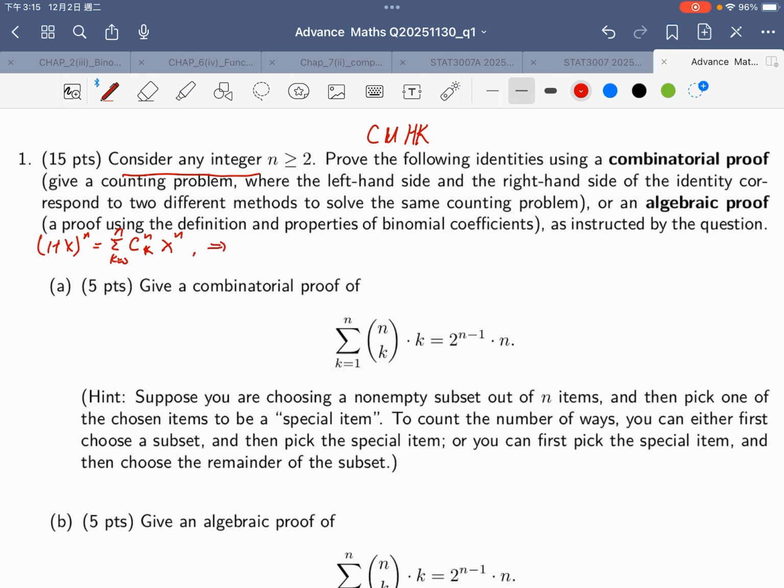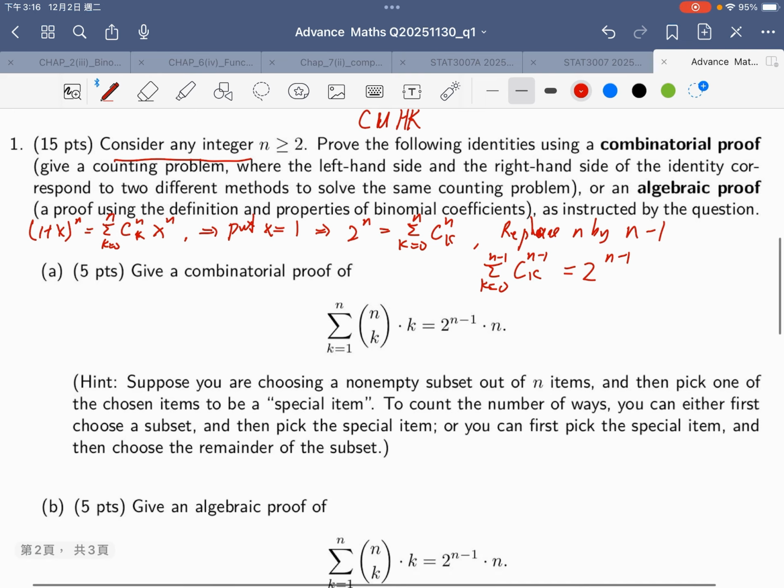If we put x equal to 1, then the left hand side is equal to 2 to the power n, and the right hand side is the summation of nCk, k from 0 to n. If we replace n by n minus 1, then we have the summation of (n-1)Ck, k from 0 to n minus 1, equal to 2 to the power n minus 1.